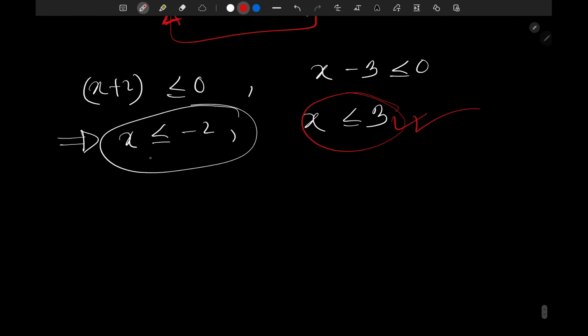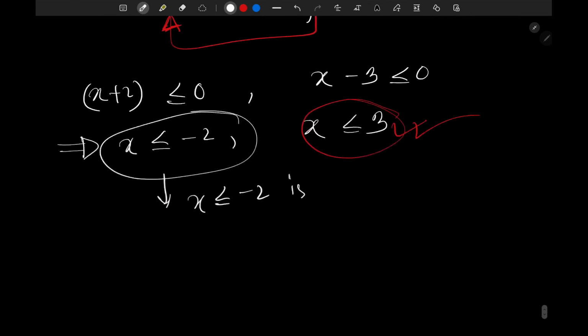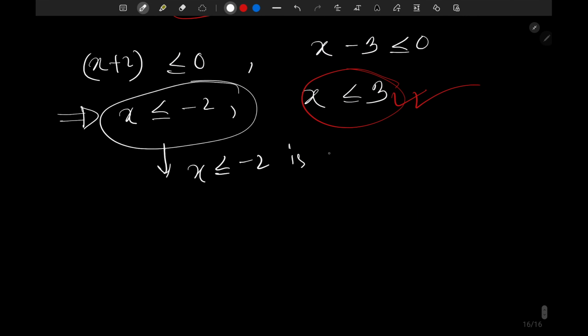So in this case, x equal or less than negative 2 is the stronger condition, because if you take anything less than negative 2, both x plus 2 and x minus 3 will yield a negative number. So if you multiply two negative numbers, you get a positive number, all right? So we have our answer.